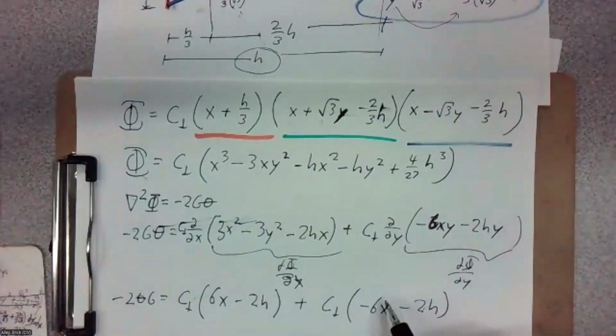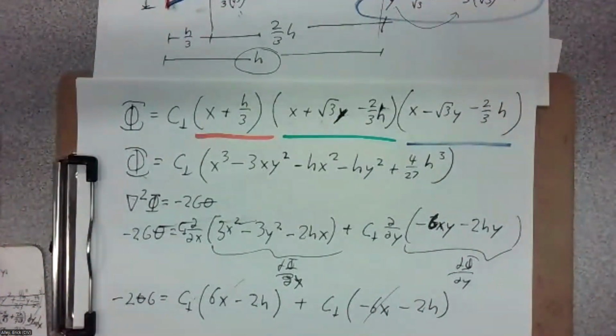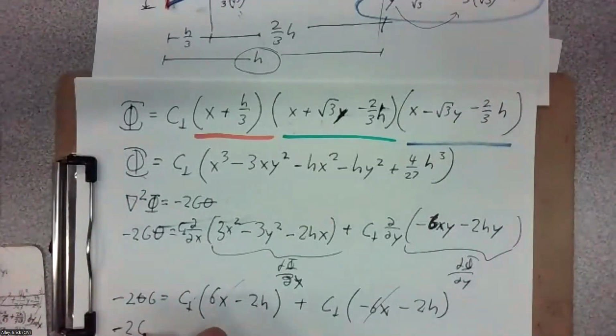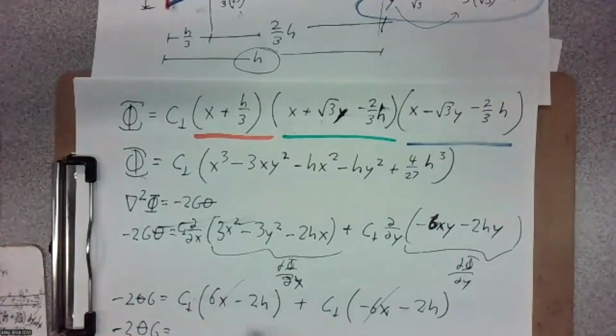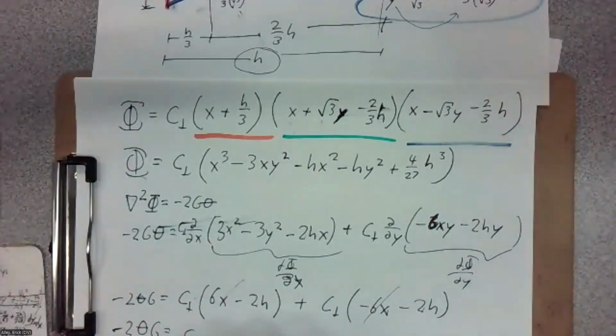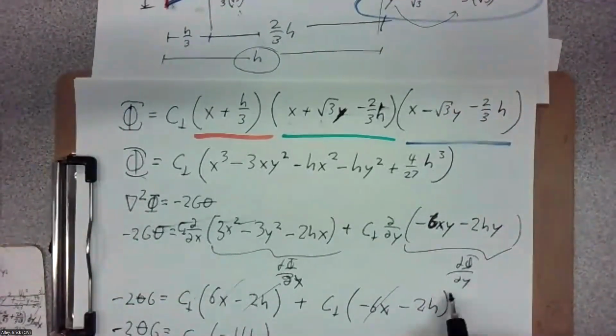Well, this is a good sanity check, I might add. The 6x's are going away. If everything on the left is a constant, then everything on the right better be a constant as well. So I've got C1 and then I've got minus 4h left over here.